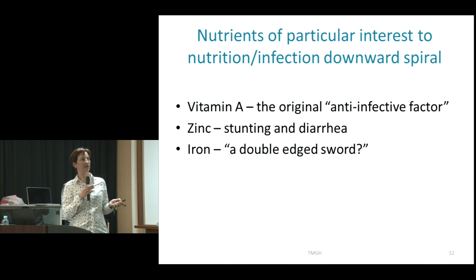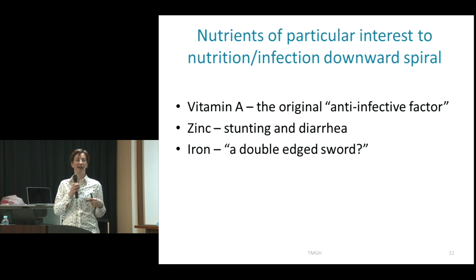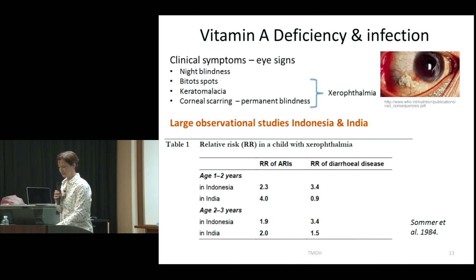And then we've talked about zinc and stunting, but there's also an association between zinc and diarrhea. And then I'll talk more about iron tomorrow and Thursday. I talk about it as being this double-edged sword in that we need iron, but so do microbes need iron. So there's this potential battle between us.